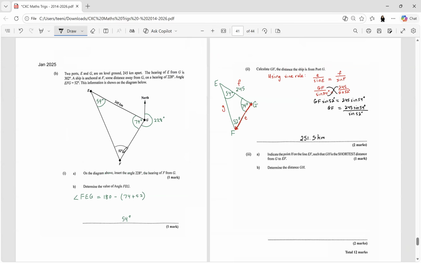Indicate the point H on the line EF so that GH is the shortest distance from G to EF. So guys, the shortest distance between any two points is a straight line, right? So if I put the point here, and this is my point, I should have put this in a different color, hold on.